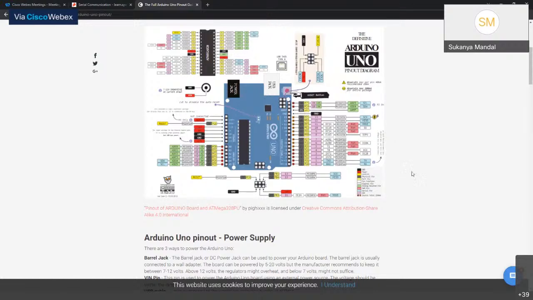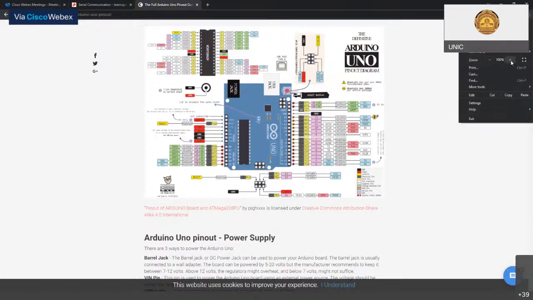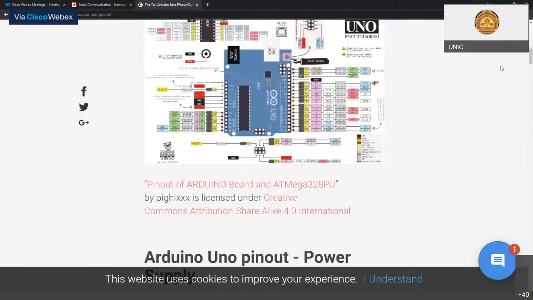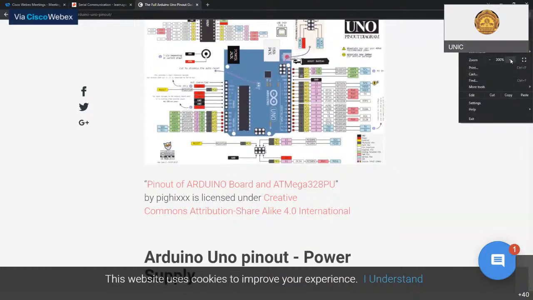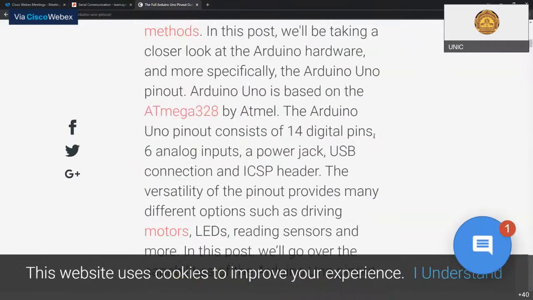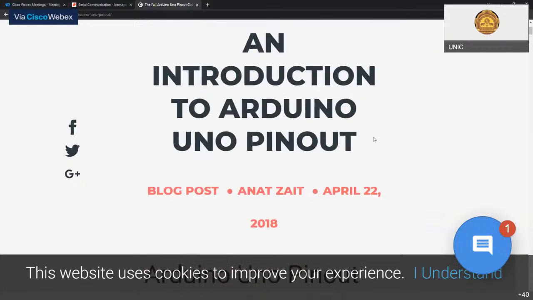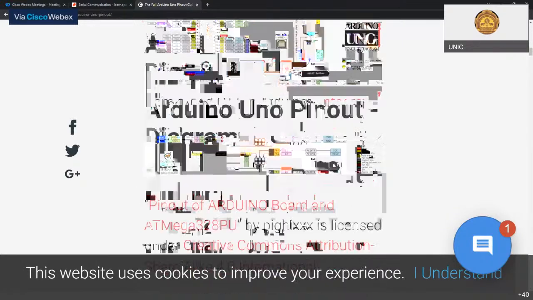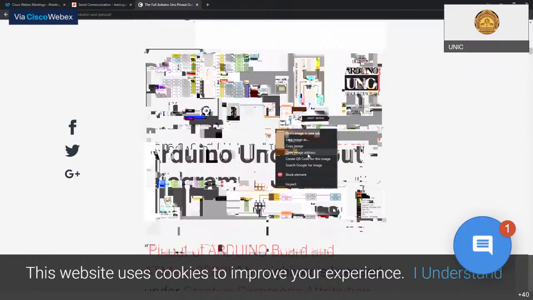Sukanya, excuse me. Can you slightly increase the zoom of the browser by Control Plus? That would be nice for the participants to get an idea. Yeah, okay, thank you. I've just zoomed to 200. No, go to that Arduino block diagram itself, otherwise you can minimize it. Not a problem.